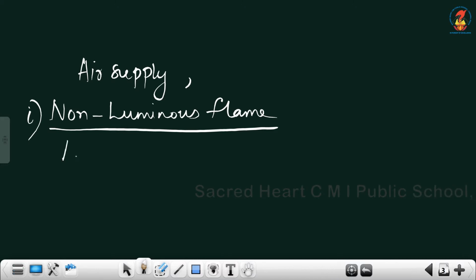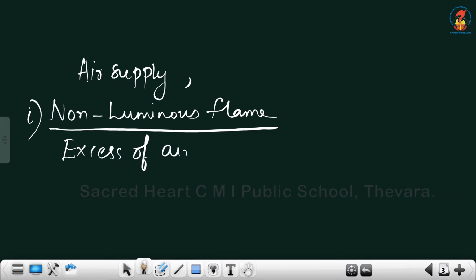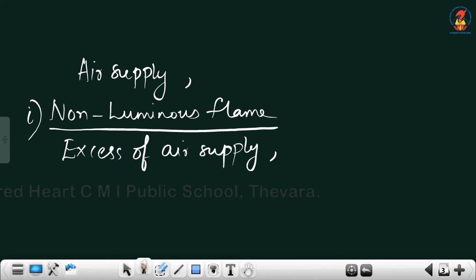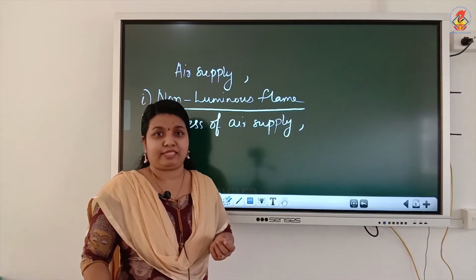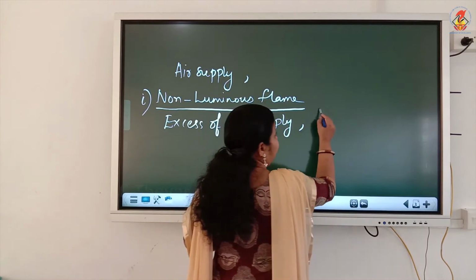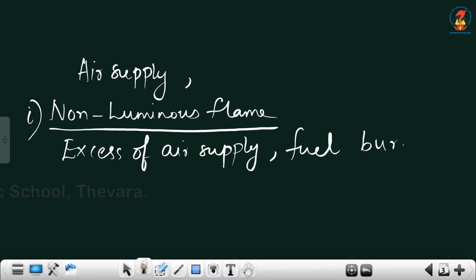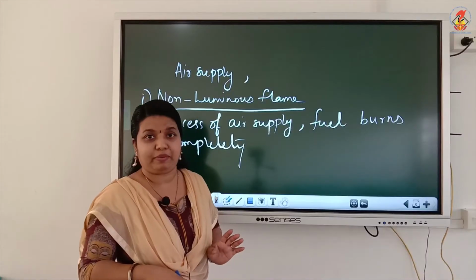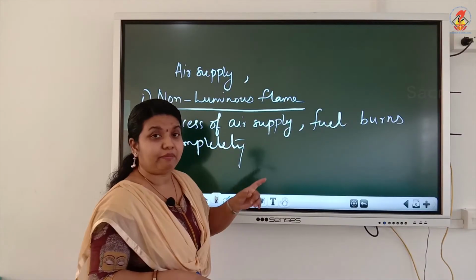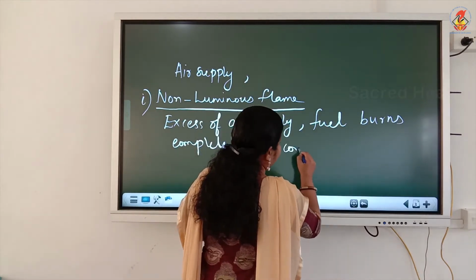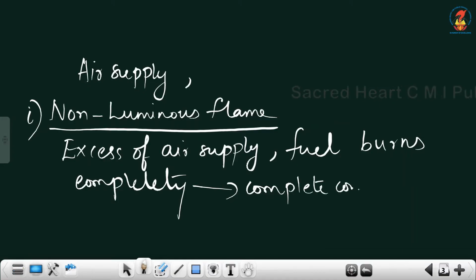When there is excess of air supply, plenty of air supply, the fuel burns completely. All the carbon particles in the fuel burn and change to carbon dioxide. We say the fuel burns completely. Such a type of combustion is known as complete combustion.